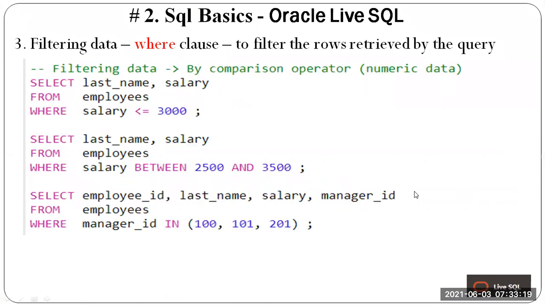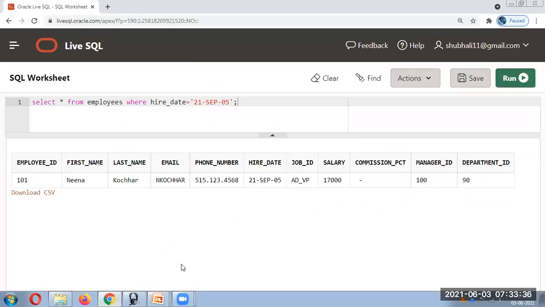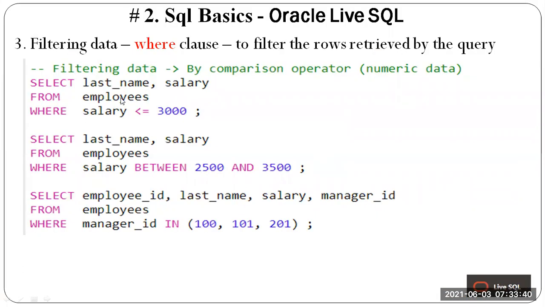Let's go to filtering of data by comparison operator. We can make use of less than or equal to, greater than or equal to, all these operators, the between operator, the in operator. So let's try the inequality operators. Okay. So here we have taken employees only, last name and salary, where salary is less than or equal to 3,000.